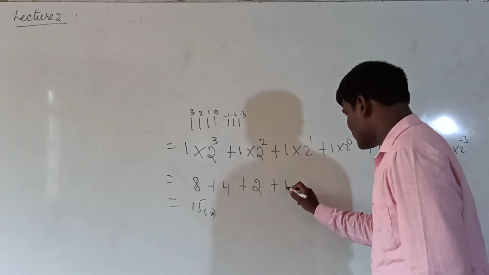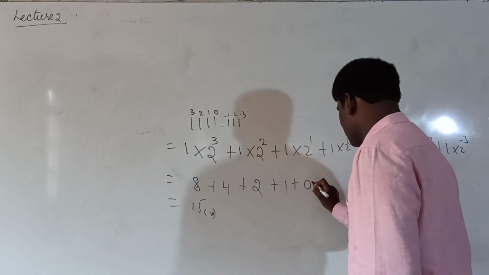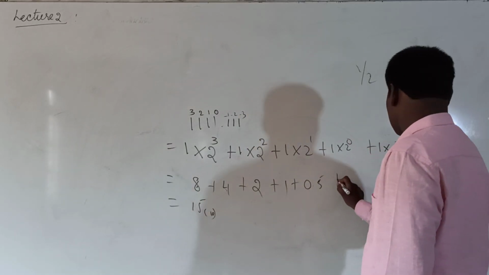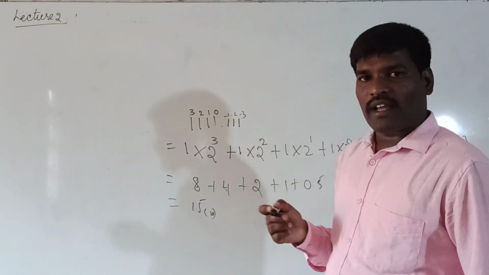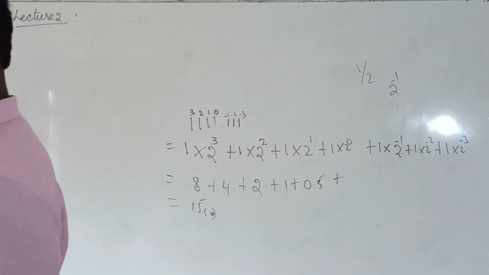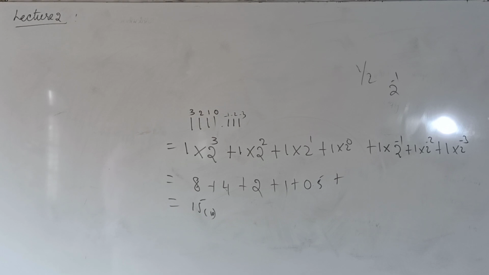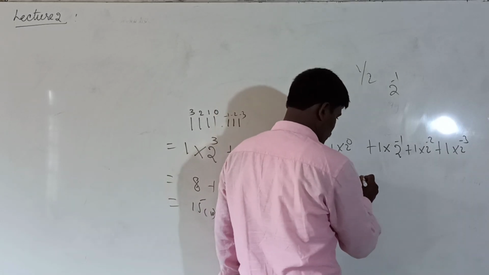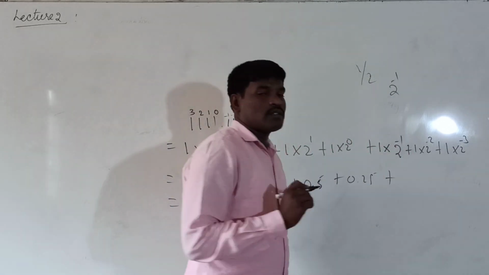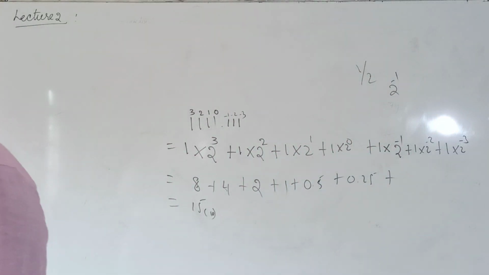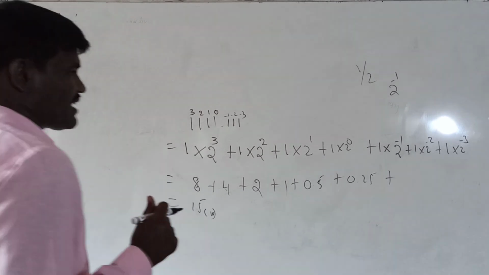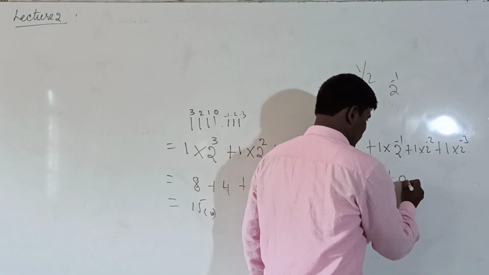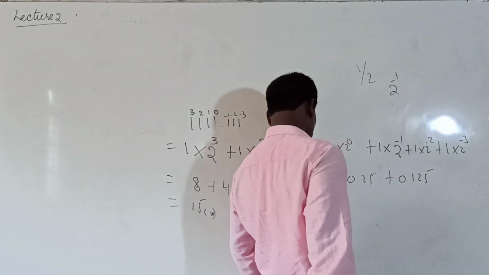Its answer is 0.5, plus 2 raised to minus 2, that is 1 by 4. 1 by 4 answer is 0.25, plus 2 raised to minus 3, that is 1 by 8. 1 by 8 answer is 0.125.